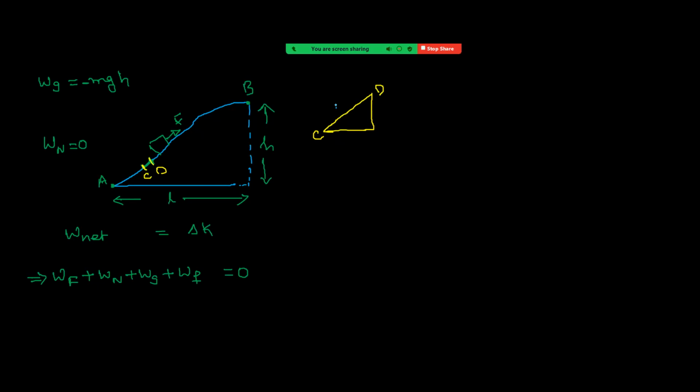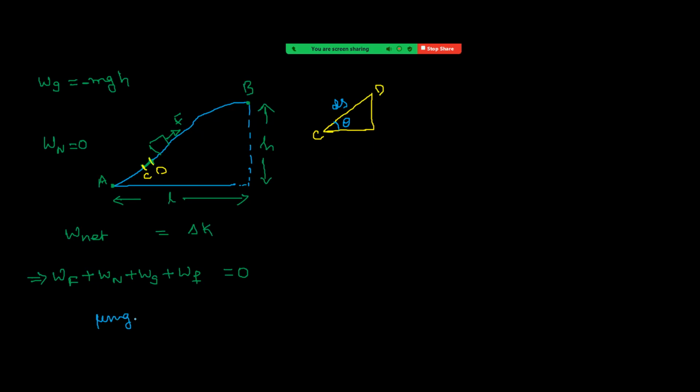Let us take that tangent. CD is now a very small displacement. That line makes an angle theta with the horizon. So by frictional force, the work done in that small displacement, see how much it is.